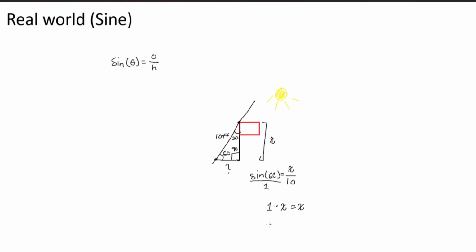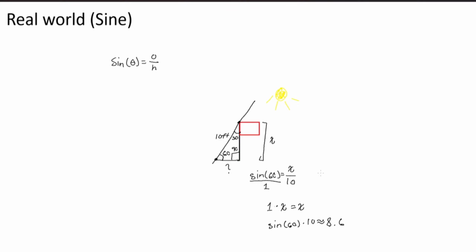And then sine of 60 times 10, we're going to say this is approximately 8.6.